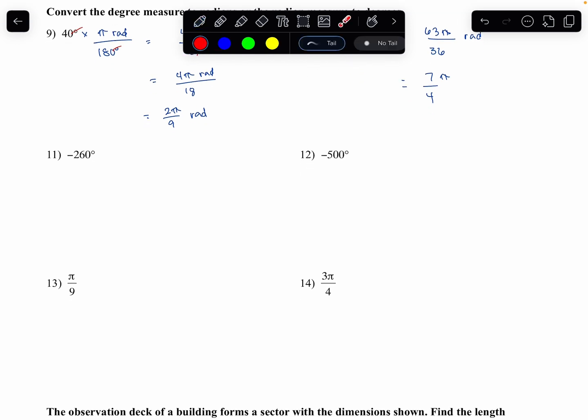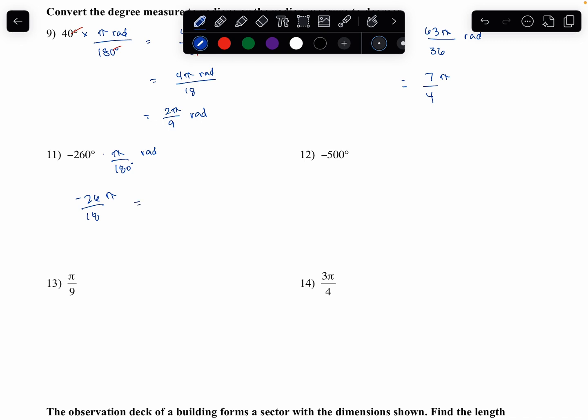All right, negative 260 degrees. Let's see. So we're going to multiply by pi over 180 radians. The degrees will cancel, so then I'll get negative 26 pi over 18.